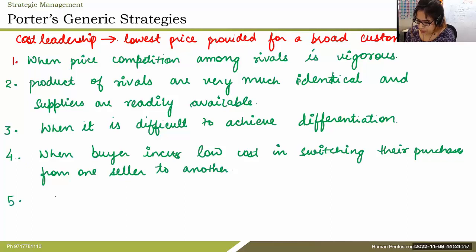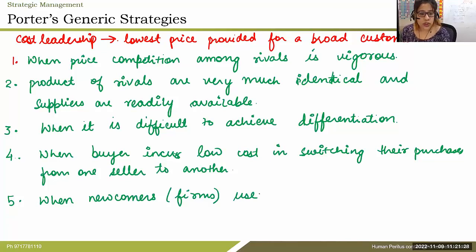And similarly, when newcomers or the new firms use introductory low prices to attract buyers and build a customer base. Because Jio did the same thing. When Jio came into the market, it started with a very low introductory price.